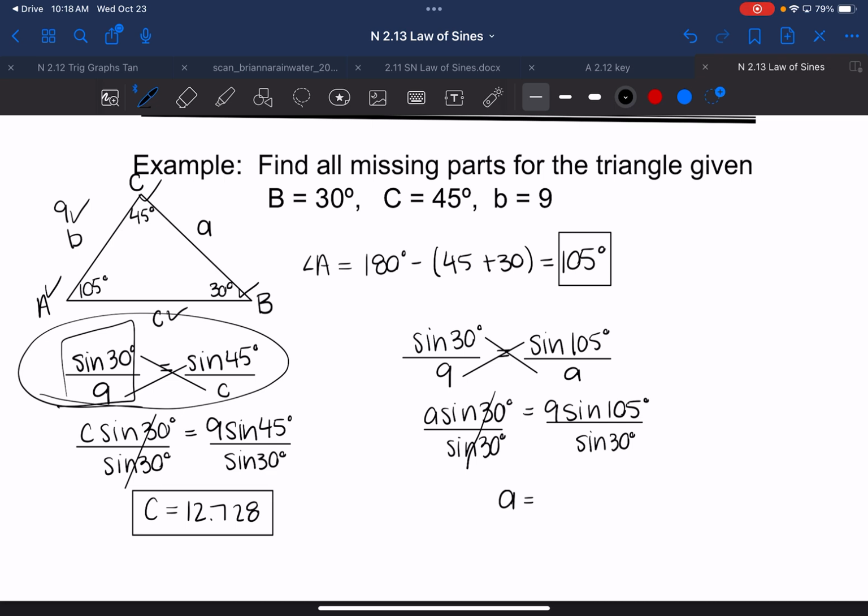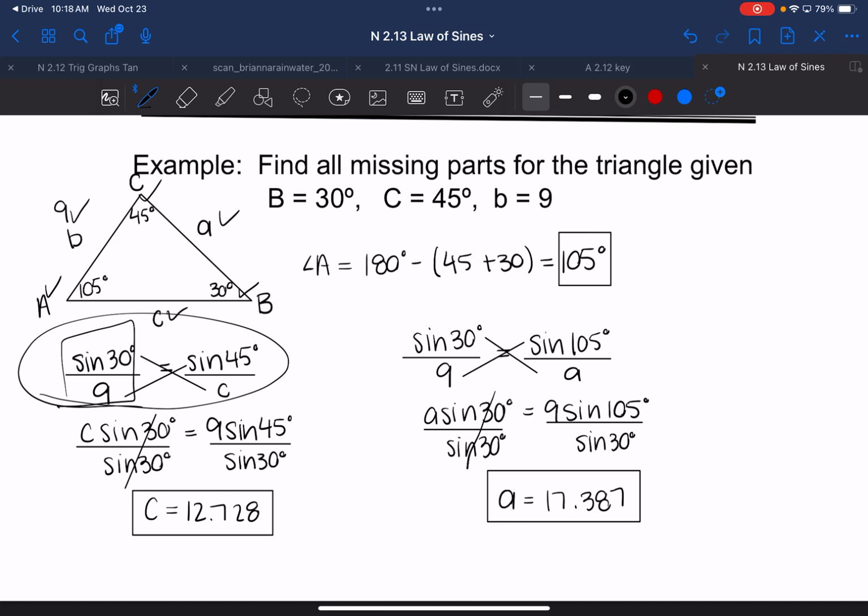All right, and what do we get for A? 17.387. Very good. All right, so we were given 3 pieces, and we have now found the other 3 pieces. So we found everything that was missing.